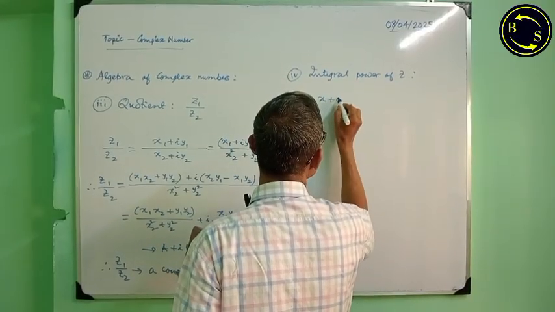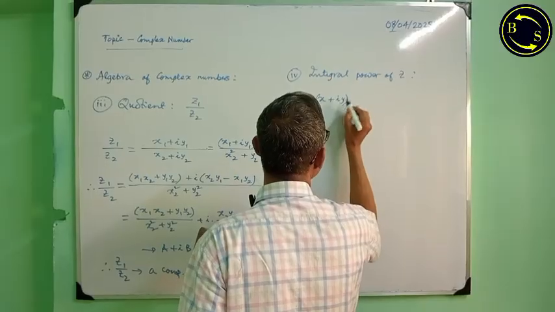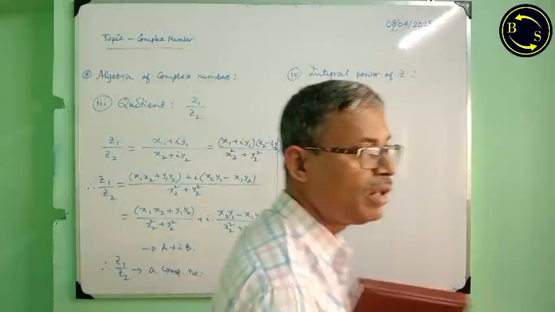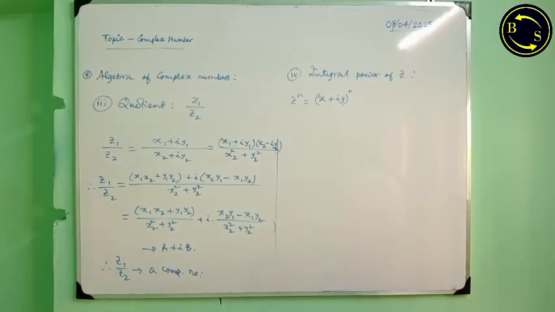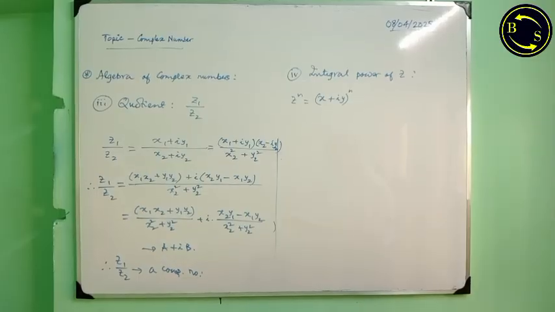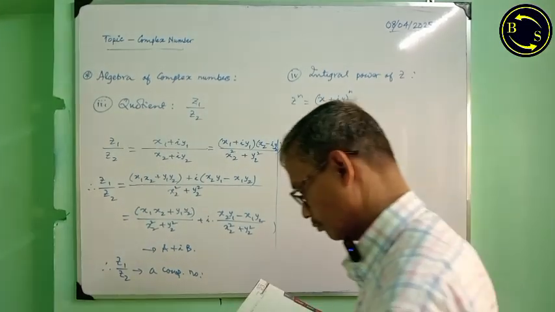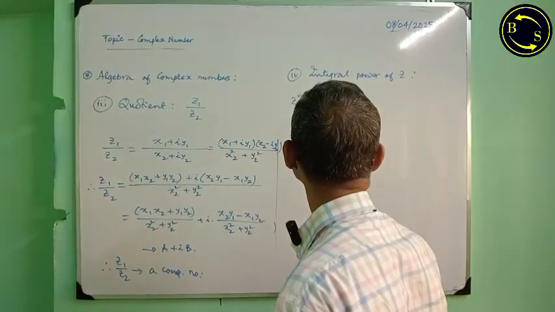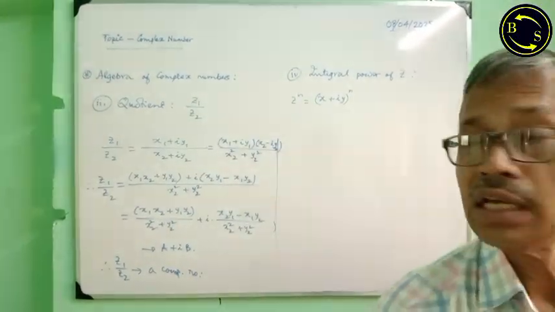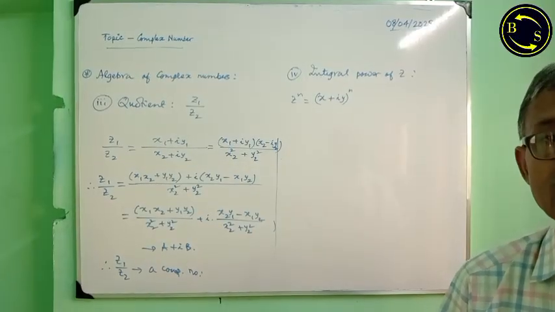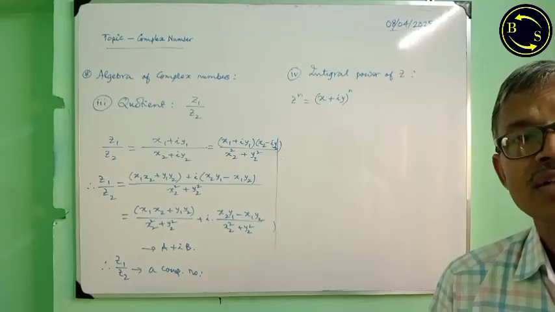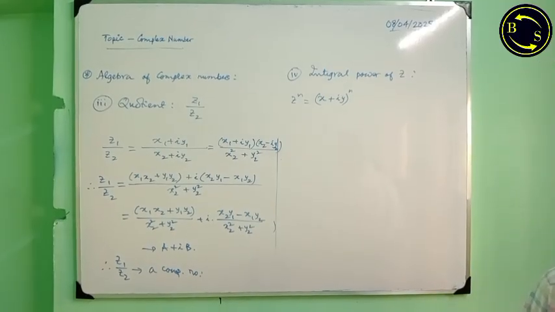That means x + iy whole to the power n will be a complex number. We can easily verify that by taking n as 2 and 3. After calculating, we will see that the result will be a complex number.